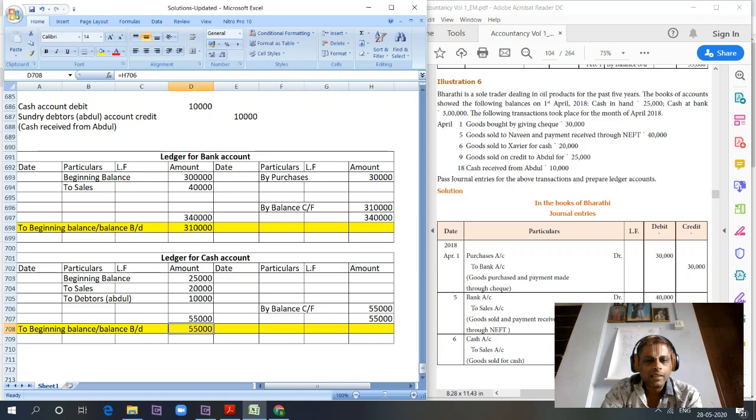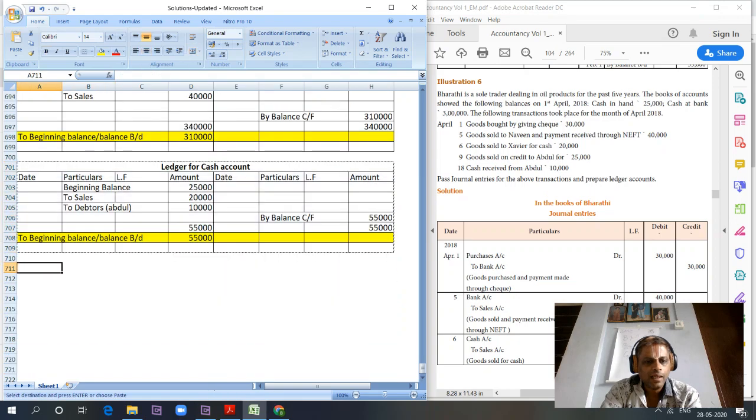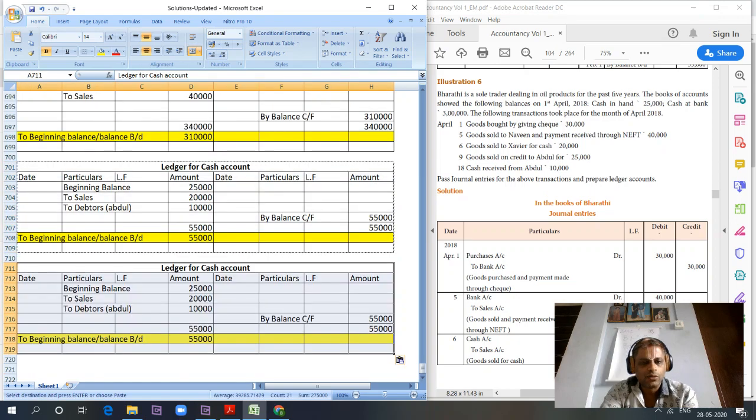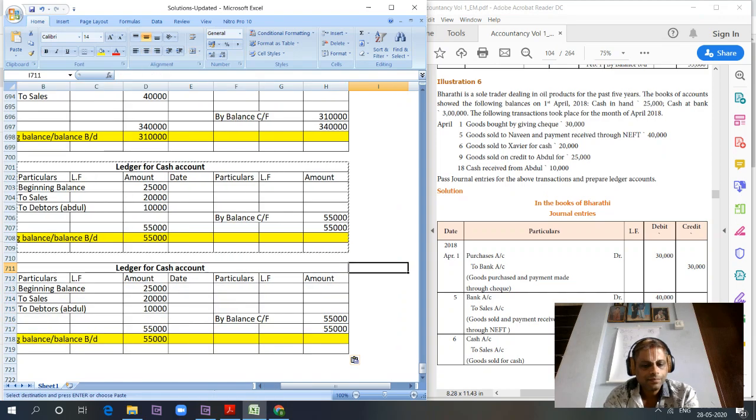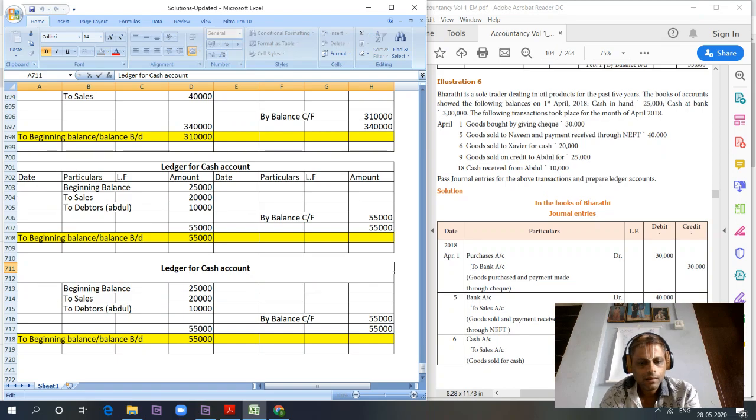Okay, students, I would like you to prepare a ledger for purchases and sales. Let me prepare a ledger for sundry debtors also. Ledger for debtors, Abdul.